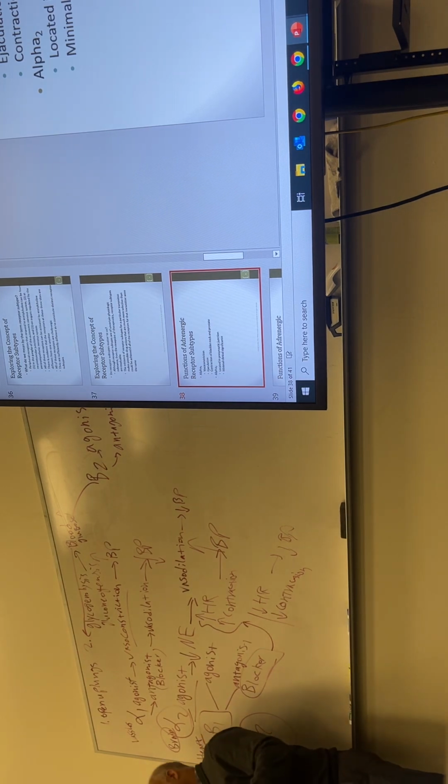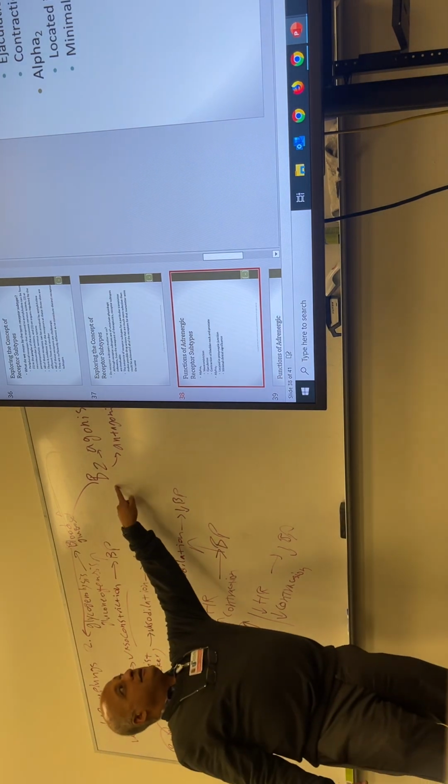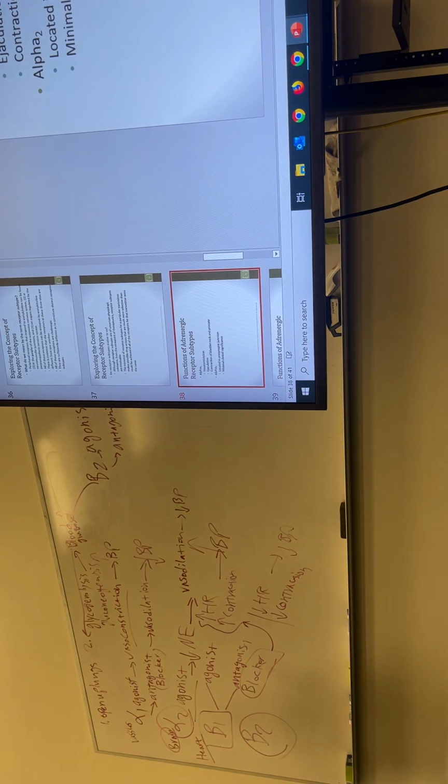And so the uterus is not significant unless the person is pregnant. If you're not pregnant, the third one is not significant for the beta 2 agonist, right? But if the person is pregnant, what's going to happen? What does a beta 2 agonist do to the uterus? Relax the uterus, right?